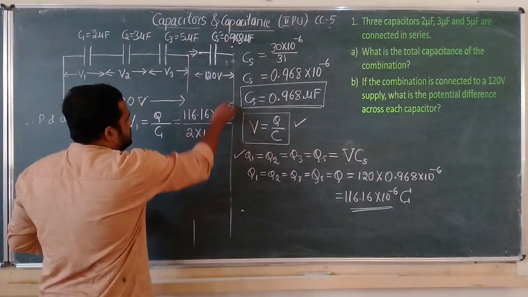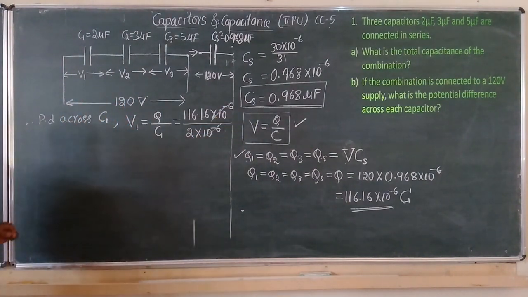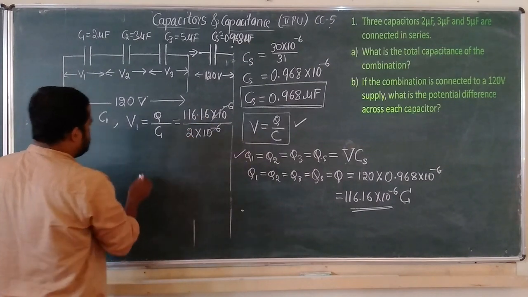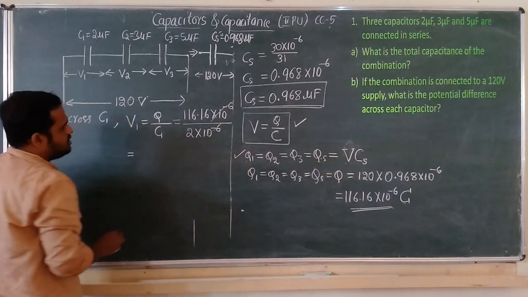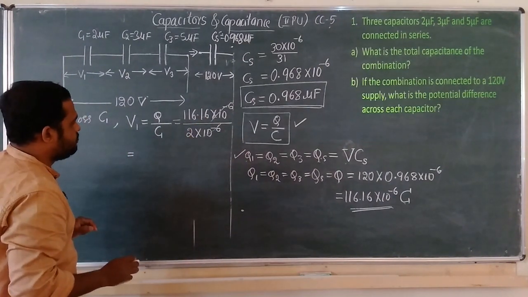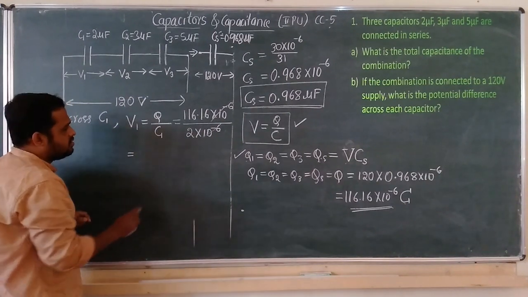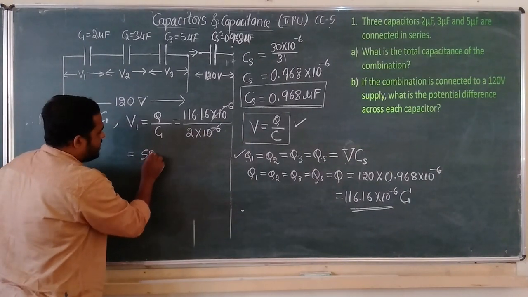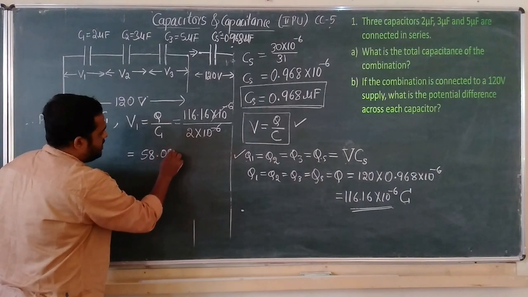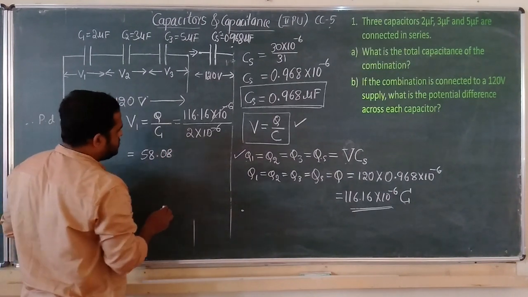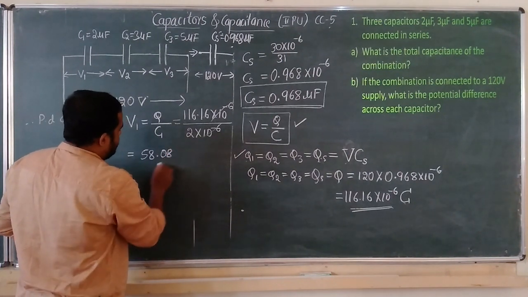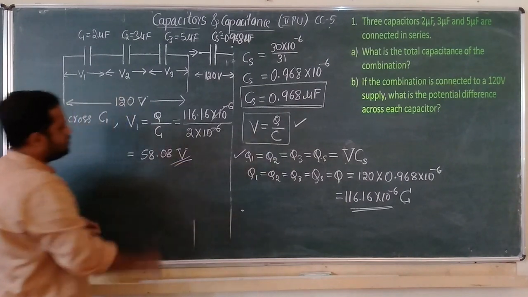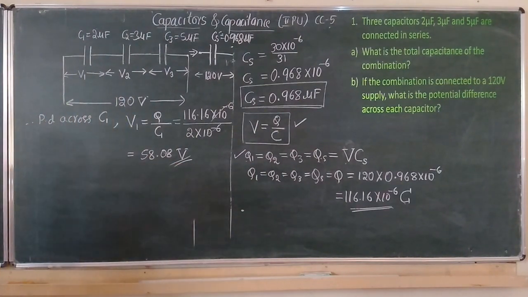The 10 power minus 6 cancels. 116.16 divided by 2 is 58.08 volt, that is the potential difference across the first capacitor.